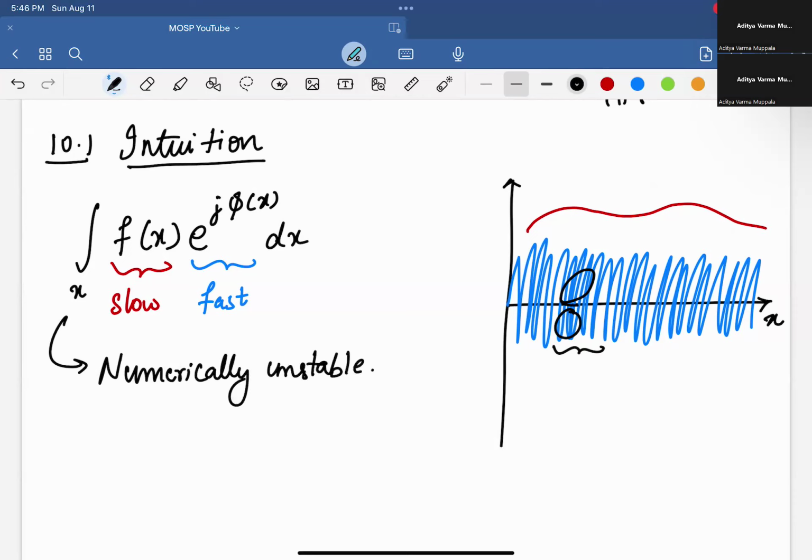That means that if we try to do it using a Riemann sum over xn, f of xn, e to the j phi of xn, then you need to first make sure that the sampling is very high. And the second thing, it doesn't converge. You can see that as you take larger and larger values of x, you have to take a lot of values for you to get some reasonable result. So that is an issue.